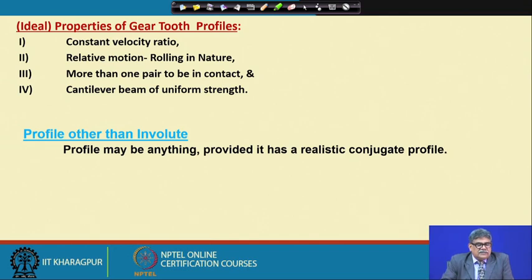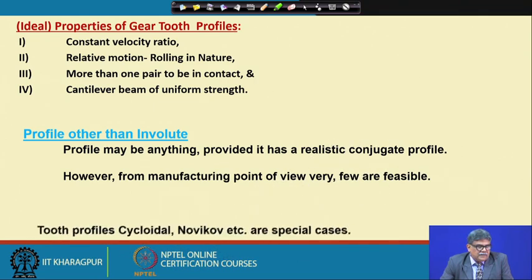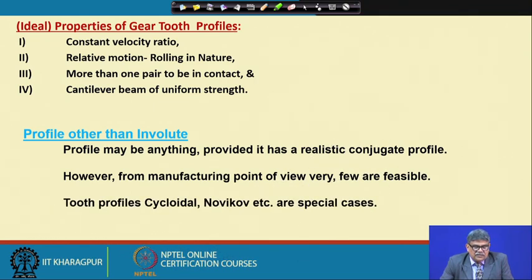Now, profile other than involute, as I have discussed, may be anything provided it has a realistic conjugate profile. However, from a manufacturing point of view, very few are feasible. Tooth profiles such as cycloidal and Novikov are special cases.